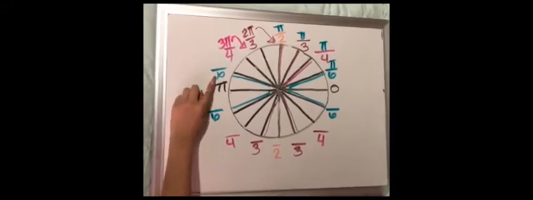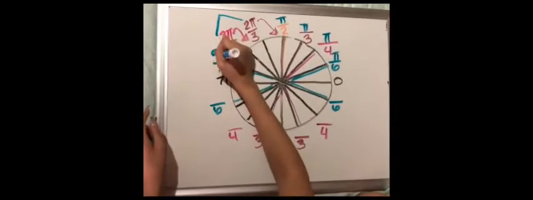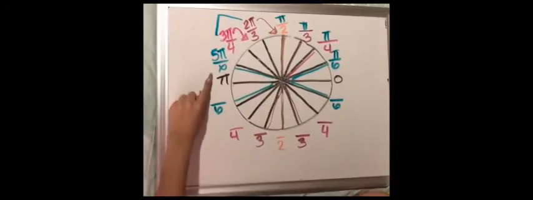So this is going to be 3 pi. This is the tricky part, because once you get to this side, you're not going to look at the previous. What you're going to do is add the first 2 denominators. So you got 3 and you have 2. So 3 plus 2 is 5. So this is going to be 5 pi over 6.